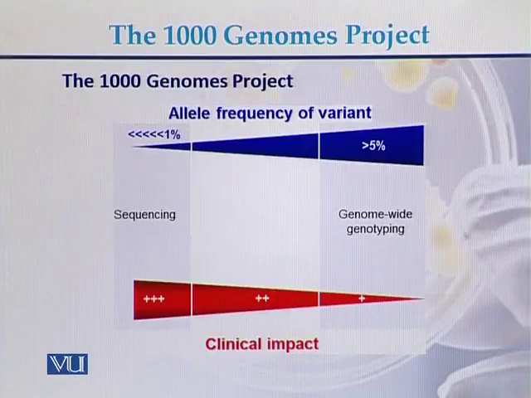This is the comparison between the allele frequency of the variants and the clinical impact. If the allele frequency of the variants is less than 1%, then there should be sequencing, and it has more impact. On the other hand, if the allele frequency is greater than 5%, then there should be genome-wide genotyping.